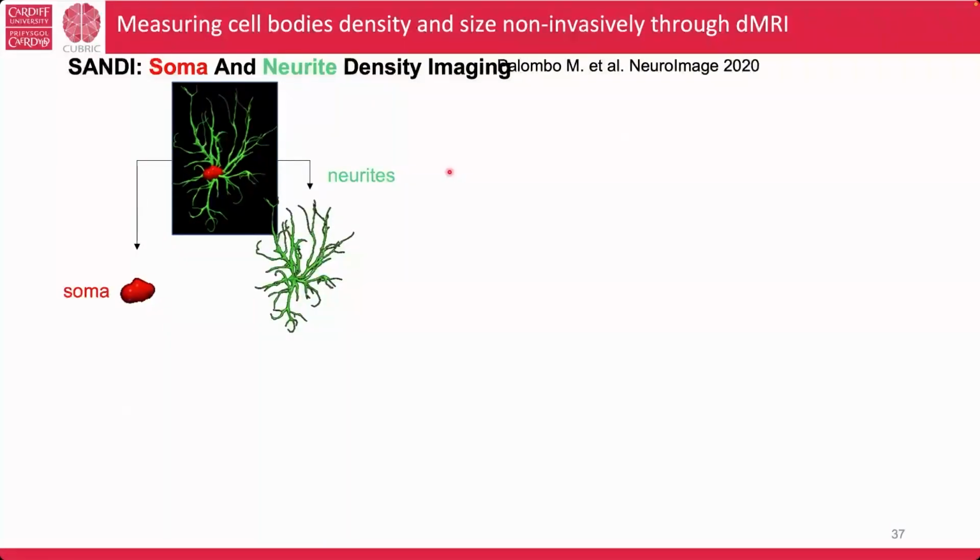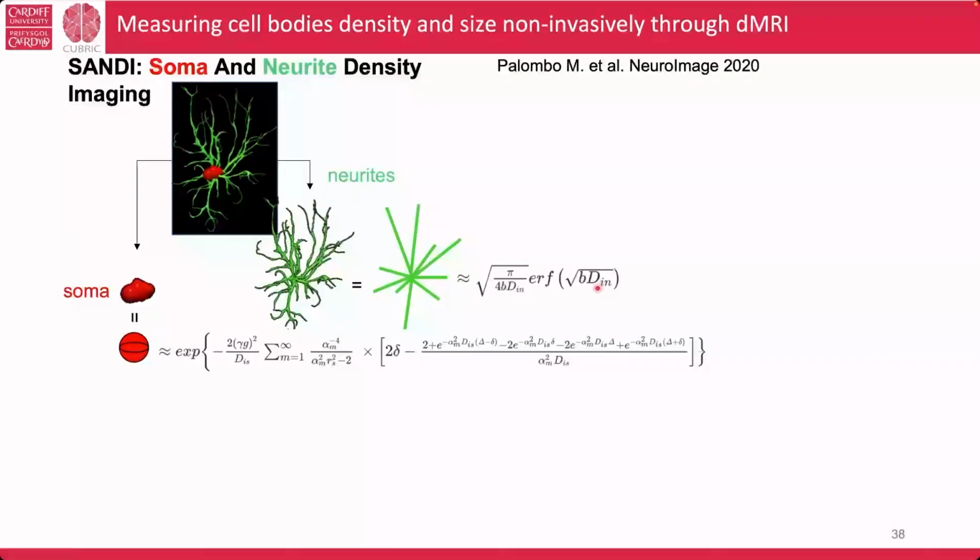In the original paper, again, you can find more details about this, but the basic idea is that using numerical simulations with those generative models, we were able to show not only that the signal coming from the Soma has a peculiar signature in diffusion MRI compared to the signal coming from neurites, but also that if you use simplified models instead of the actual meshes, you get a very good approximation of the signal.